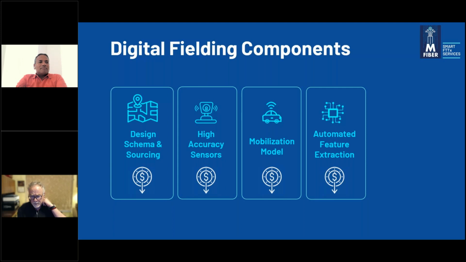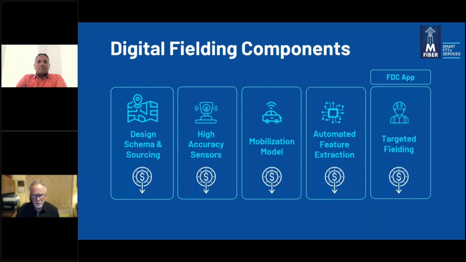And then ultimately, that takes us to the final component, which is good old fashioned boots on the ground. So once we've extracted the features, and this is, in my humble opinion, where I think other solutions have gotten hung up, where they've said, okay, we're going to do everything with LiDAR. And they've discounted the importance of boots on the ground.